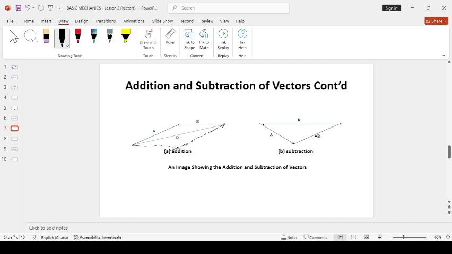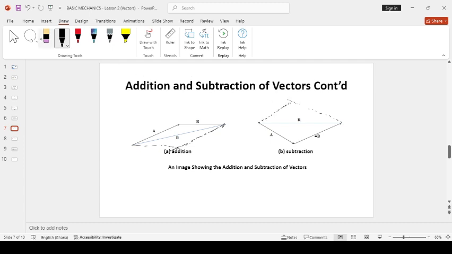And then the resultant is described here as R. So how did we come up with the resultant? We know that for the parallelogram law, we are supposed to complete this parallelogram and then find the resultant. So in completing the parallelogram, we have this line here, and then one parallel to the B side.